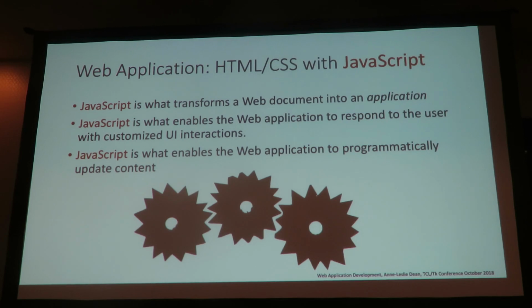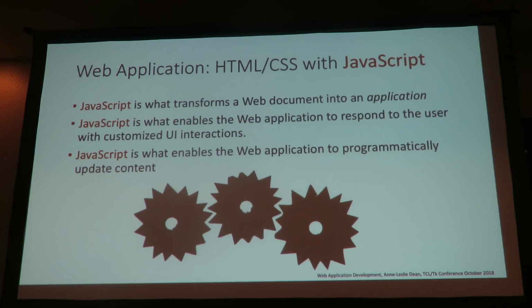So what do I mean when I say programmatically update content? The normal pattern for a web document is to make a request to the server. The server packages up a bunch of content, sends it back to the browser, and the browser displays it. So that request and return is time consuming.